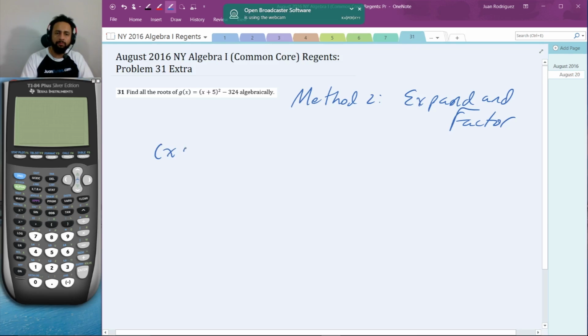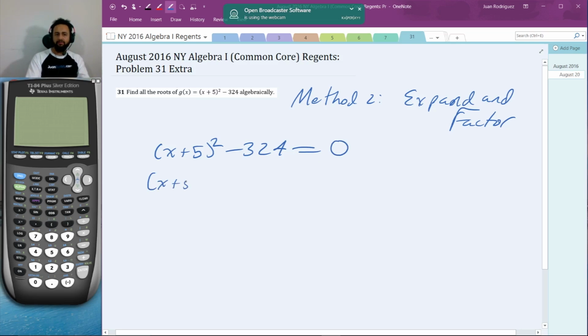So (x plus 5) squared minus 324 equals 0. Okay, so what do we do here? We expand this. We get (x plus 5) times (x plus 5) minus 324 equals 0. Okay, I use the FOIL or each with each method to multiply these out.